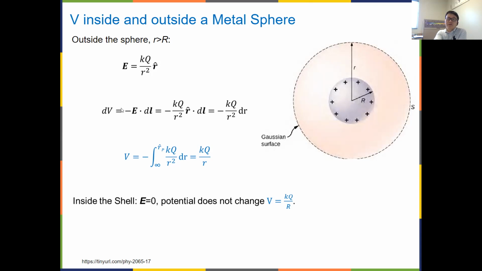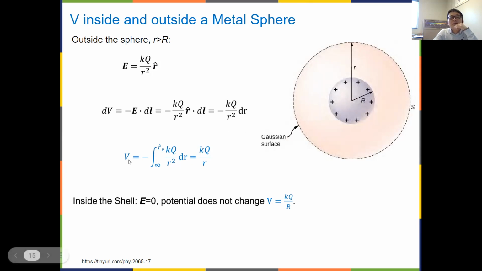And dV equals minus E dot dl. E is in the radial direction, so dl will be the derivative of R.